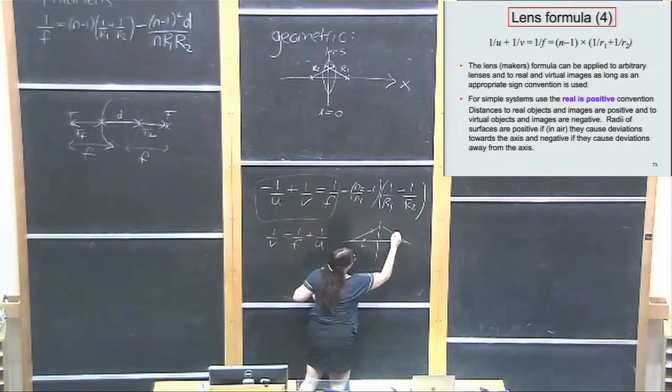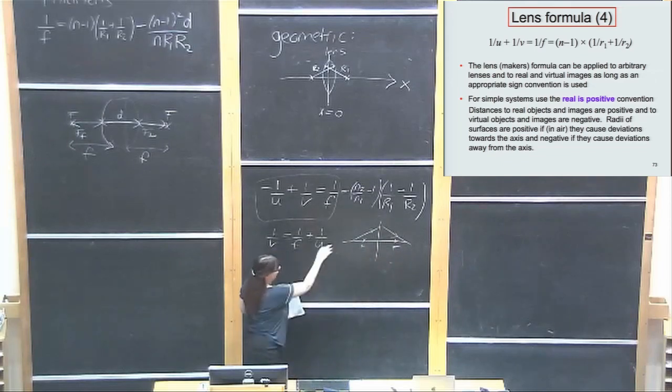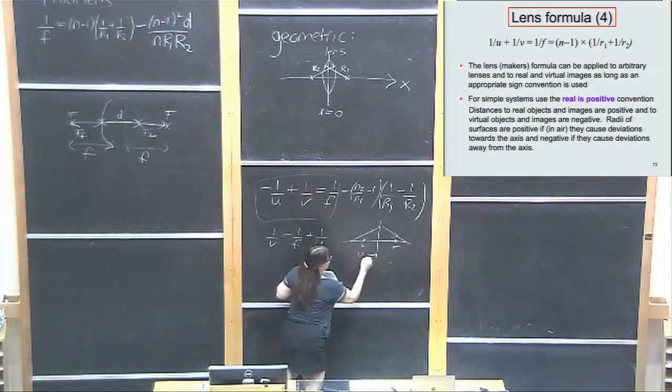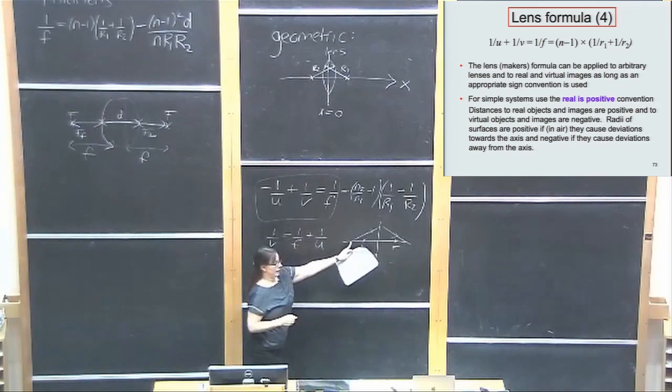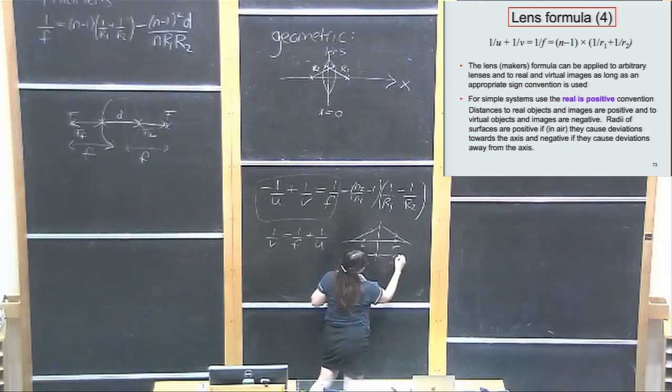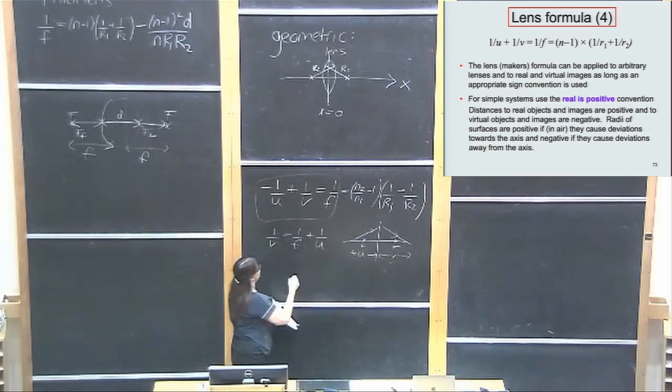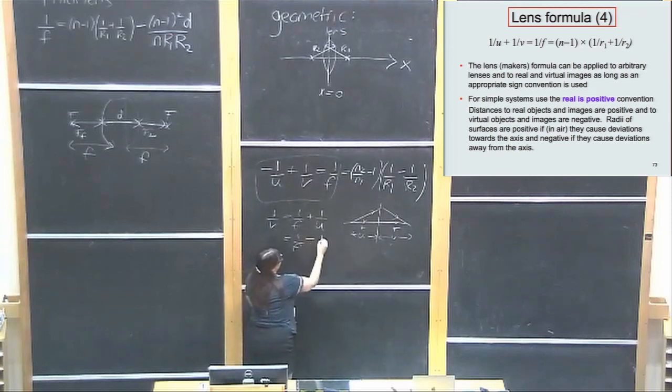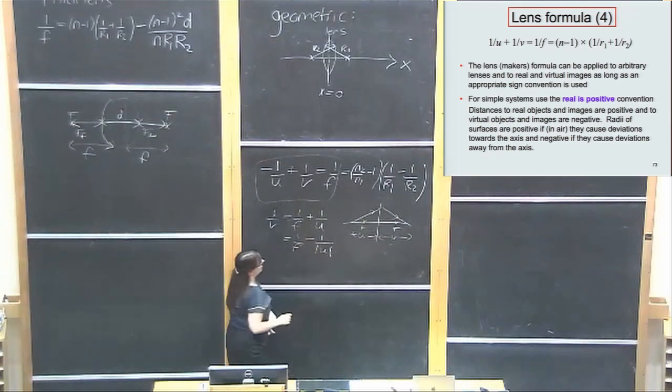So I have this sort of thing going on again. This is my light ray. u now is negative because it's on the negative x-axis side, and I'm going to expect v to be positive. Okay, so if u is negative, I might as well write this equation as that, right?